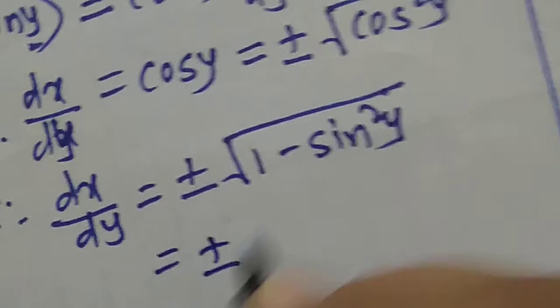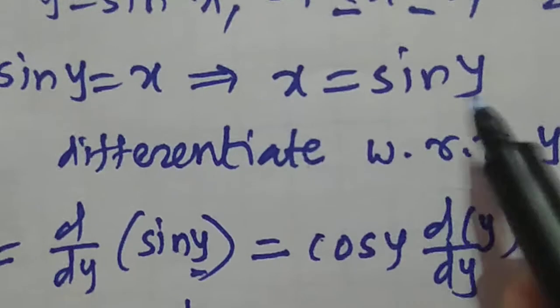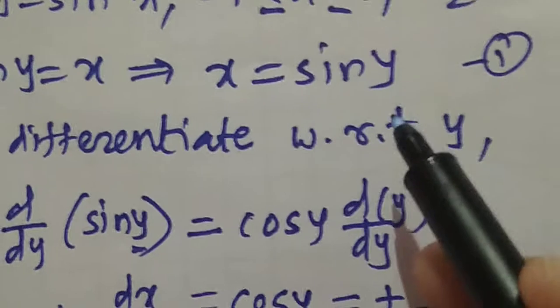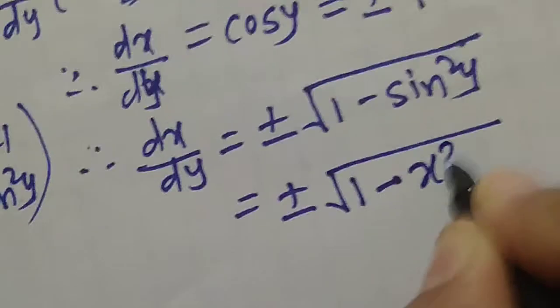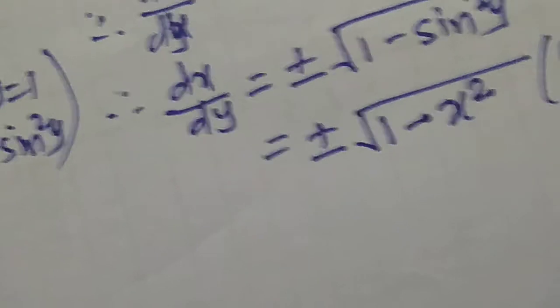Root of 1 minus sin square y is equal to plus minus, but we know that x is equal to sin y by equation 1, so sin y means x.